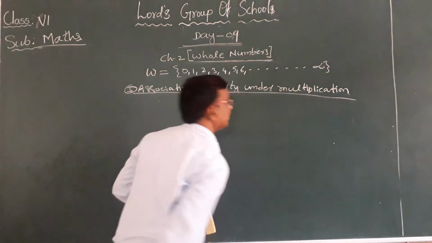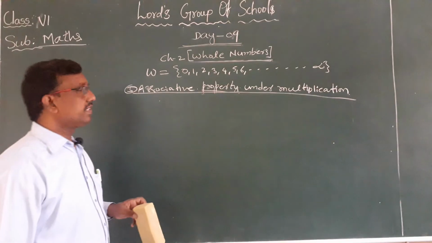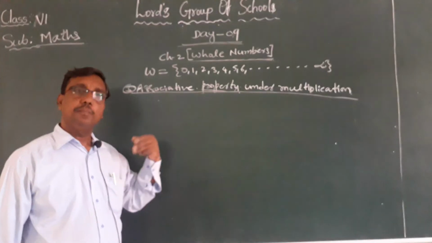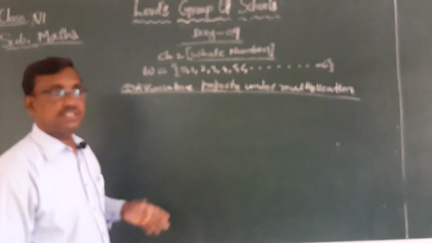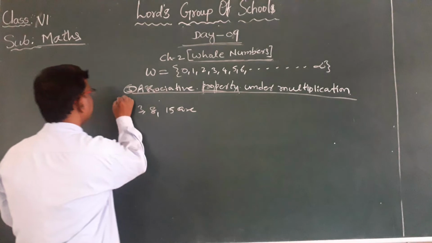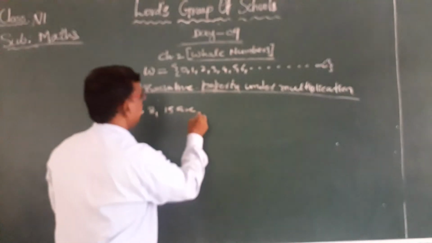Associative property under multiplication. As we learned previously, here we need to take three whole numbers and find their product in both ways. So let me take 3, 8 and 15, or any three whole numbers. This is one example I am giving you.